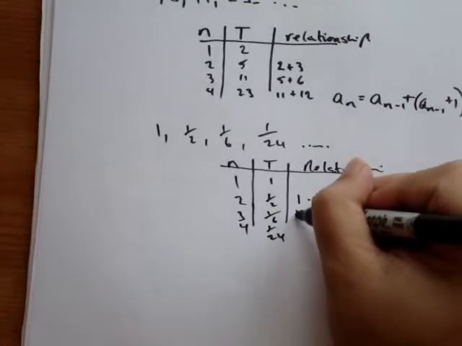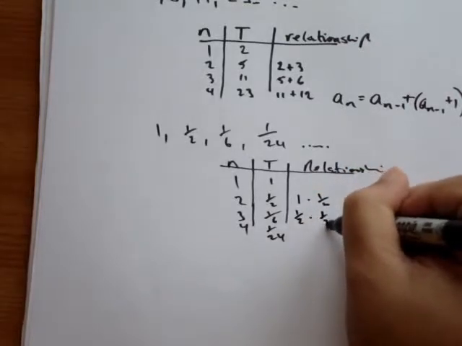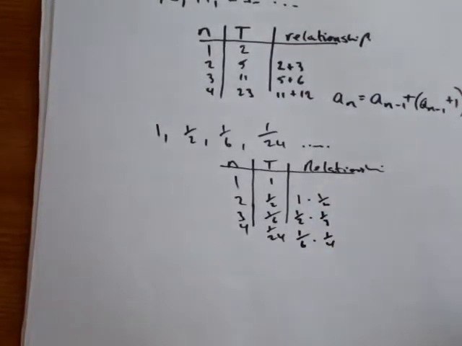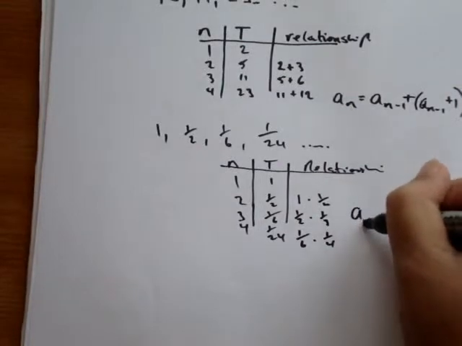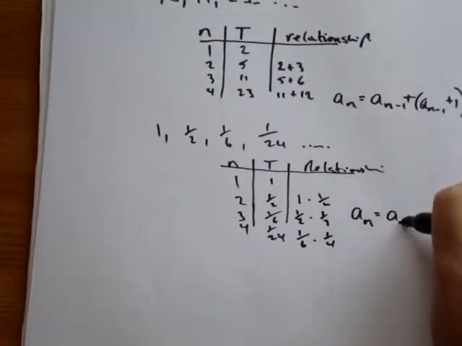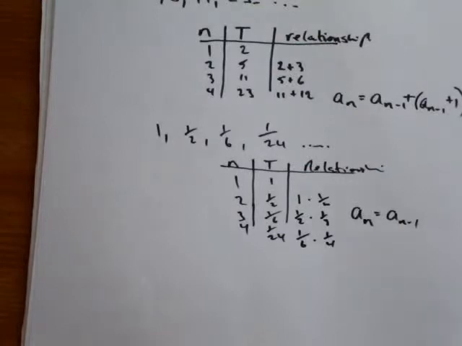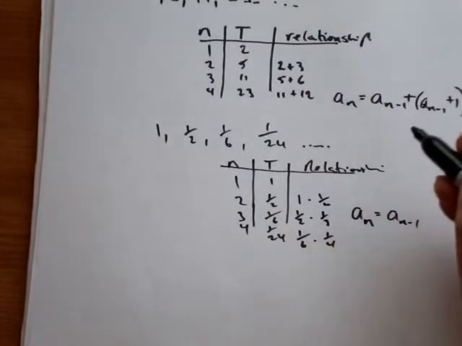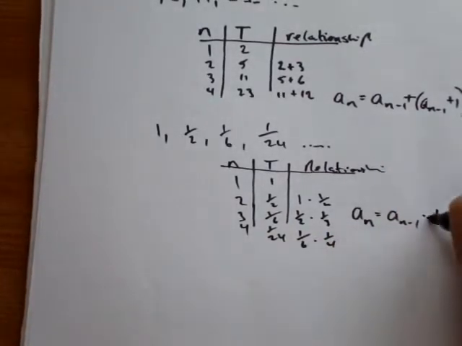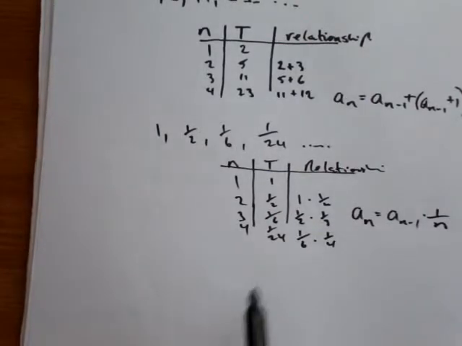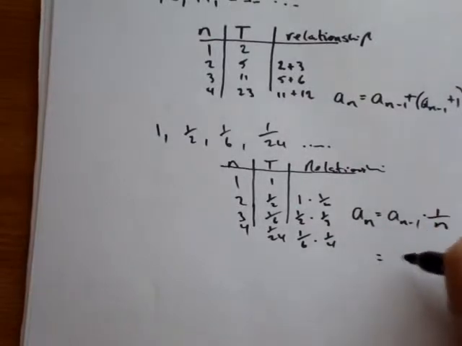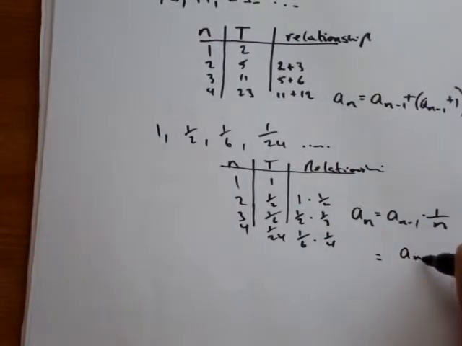This one would be 1 half multiplied by 1/3. This one would be 1/6 multiplied by 1/4. So our a sub n equals the previous number, a sub n minus 1, and then we have to multiply it by 1 over n. So this is 1 over 2, which is n, 1 over 3, which is n. And this can also be written as a sub n minus 1 over n.